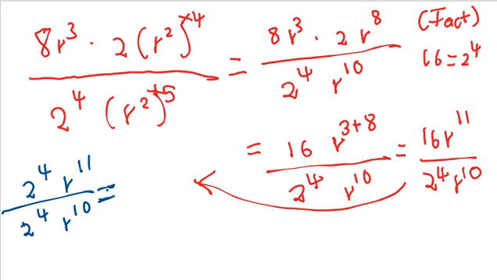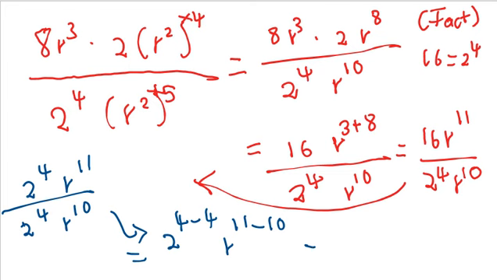Okay, so when you solve this, we're gonna take one base and minus the exponents, right? For the constants, dividing. For the r variables, we're gonna take also one base, then minus the exponents.